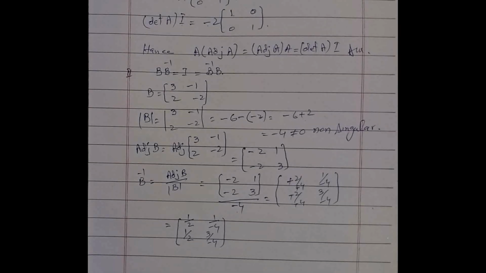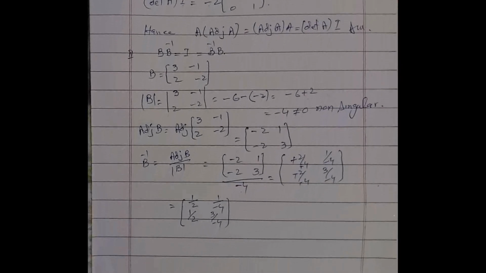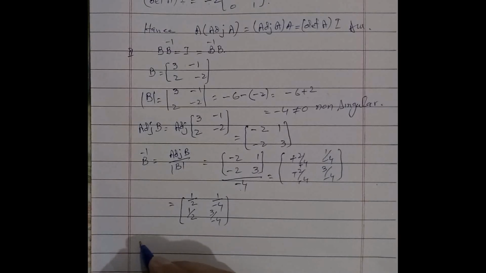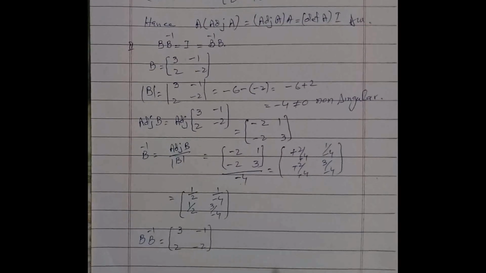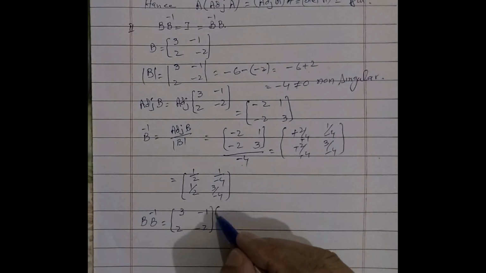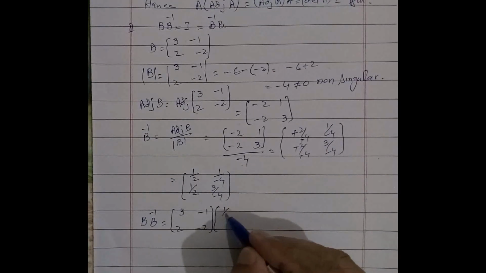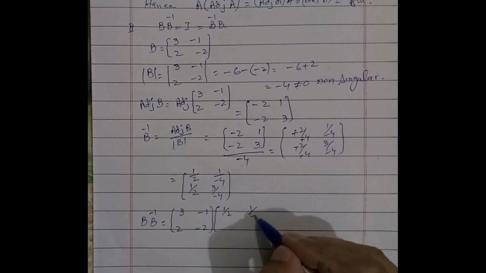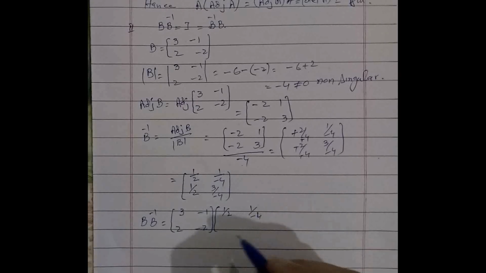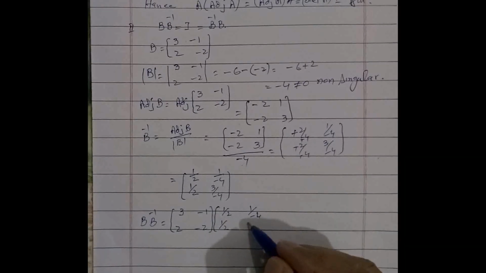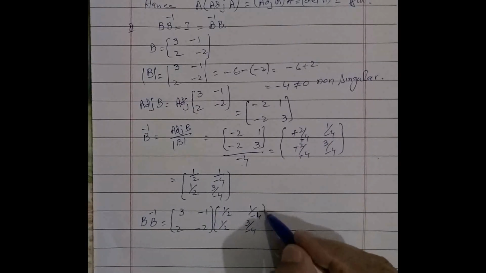And now we find B into B inverse. The matrix B is [[3, -1], [2, -2]], and the inverse of B is equal to [[1/2, 1/-4], [1/2, 3/-4]].